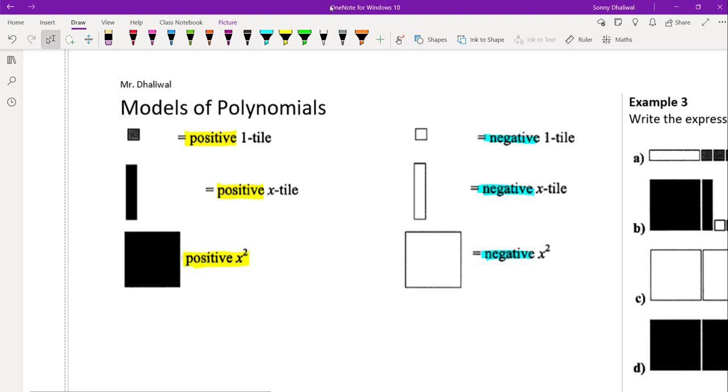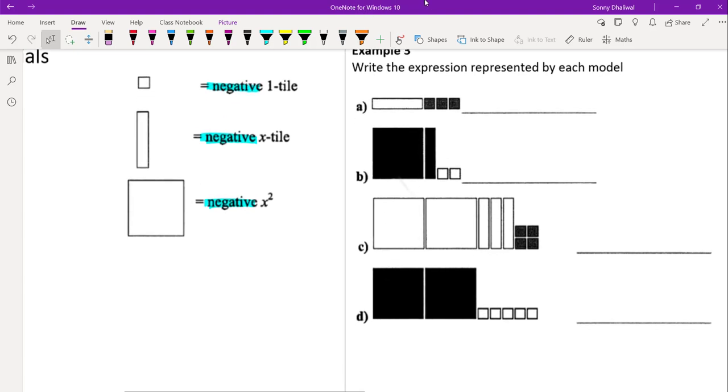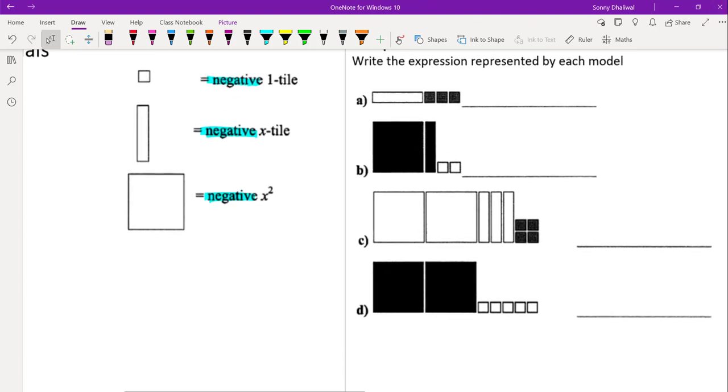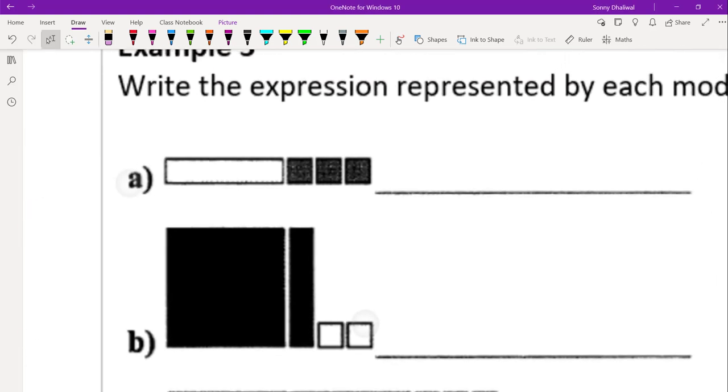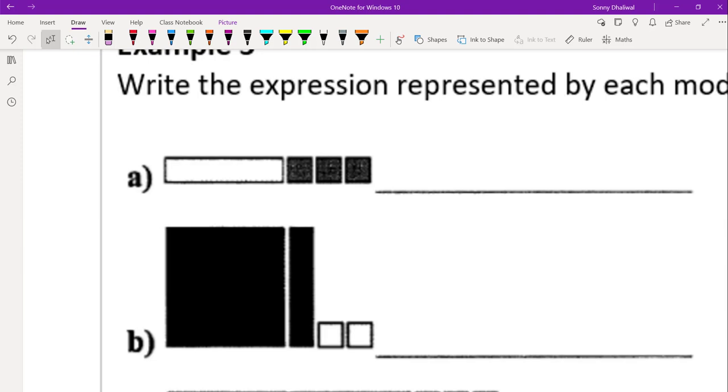All right? So let's try to come up with the expression for each one of these diagrams. So the first diagram, you've got to go, what term does this shape represent? A white rectangle. So we're going backwards here. What does this represent? You have the legend on the left-hand side. Taylor?